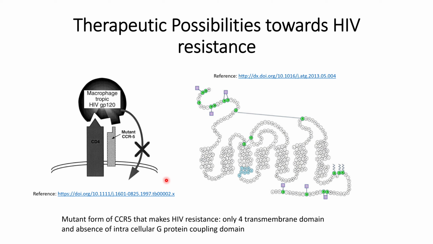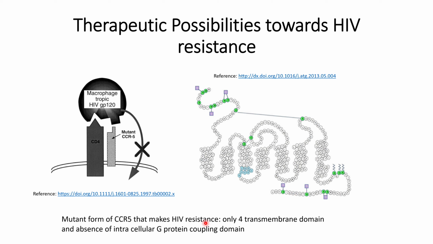The mutation being suggested is this: the wild type CCR5 structure has seven transmembrane domains, 1, 2, 3, 4, 5, 6, 7, and the intracellular region of this CCR5 has a G coupled protein domain.